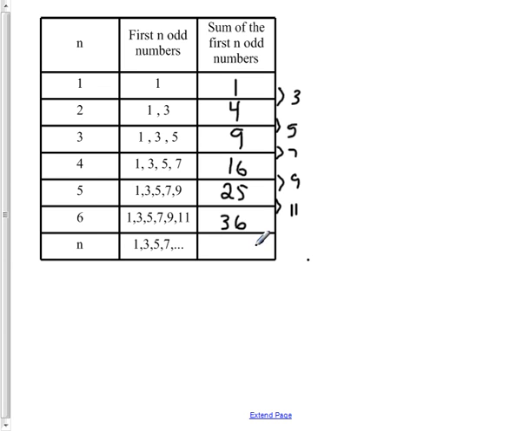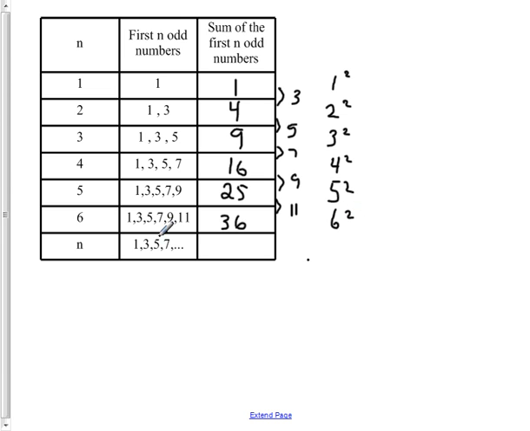So there's a couple ways to look at this. One way is using this pattern, and then you could develop an equation from that. Another way, if you notice, 1 is 1 squared. 4 is 2 squared. 9 is 3 squared. 16 is 4 squared. 25 is 5 squared. 36 is 6 squared.